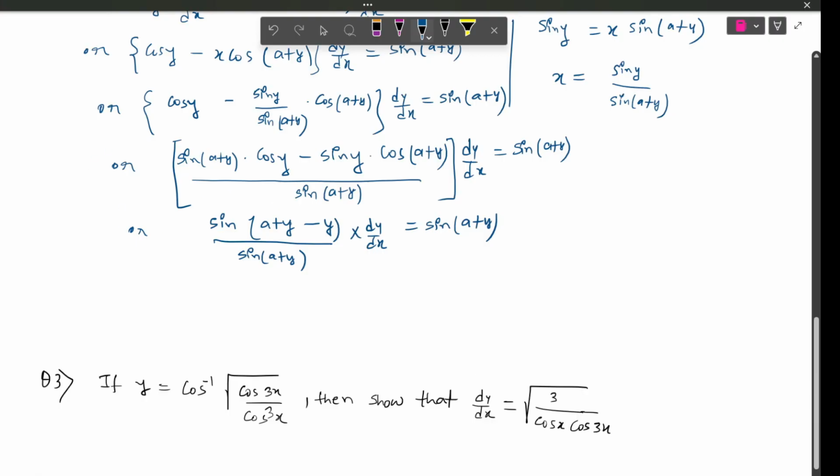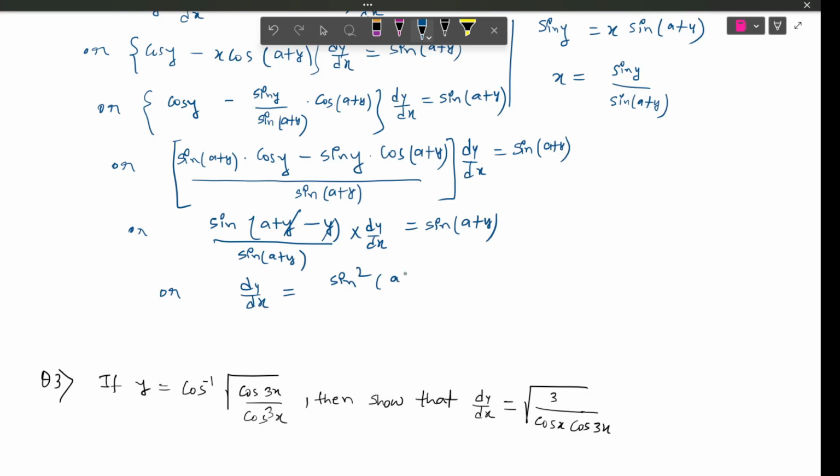So this y and y cancel out. This should be dy by dx equals to, this sine term would be cross multiplied here, sine square of a plus y divided by sine a, this is the thing we have to prove.